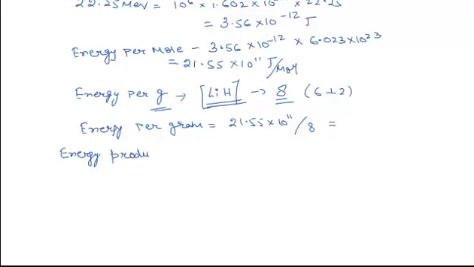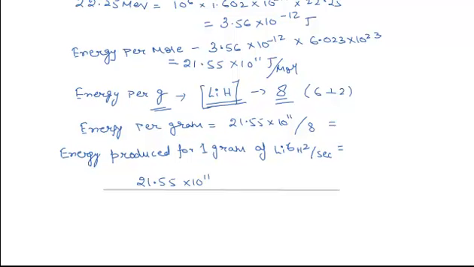Energy produced for 1 gram of Li6H2 per second will be equal to what? 21.55 into 10 to the power 11, and that has to be divided by 8 multiplied by how many hours are in a day? 24 hours, so it should be 24.